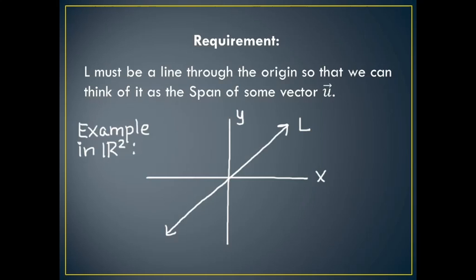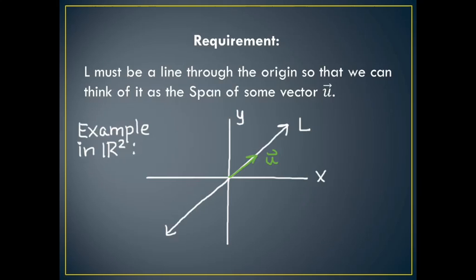And so let's draw our line through the origin. This is an example in R2 because that's the easiest one to draw by hand. So we have L through the origin, and then we have this vector u on L, and we can think of L as the span of u because you just multiply u by any scalar to get to different points on L.